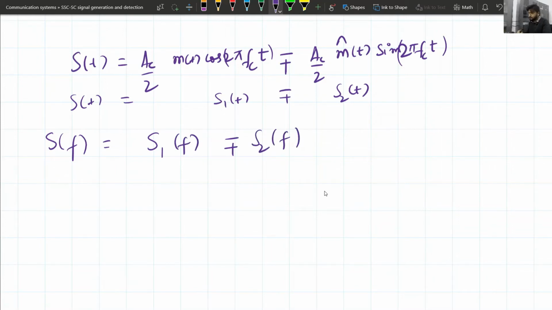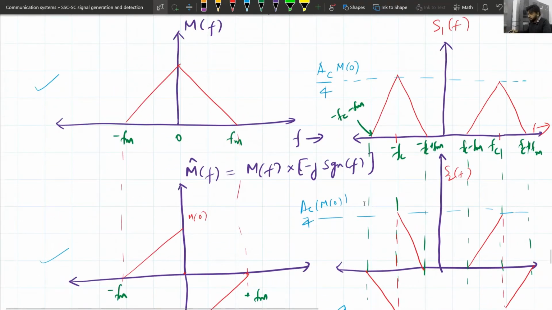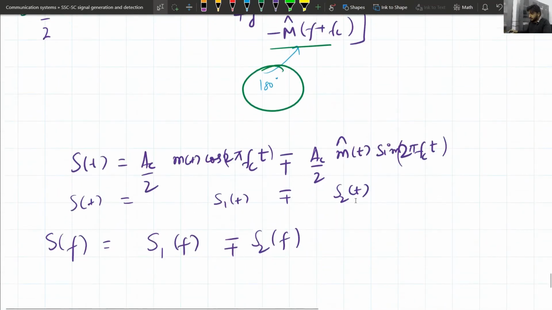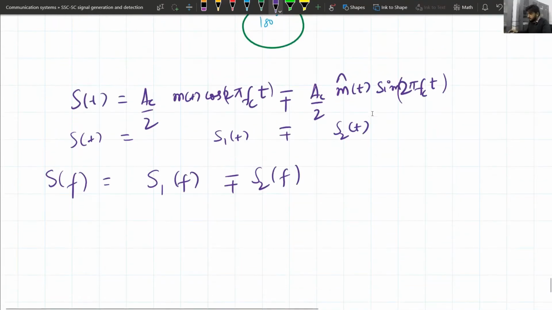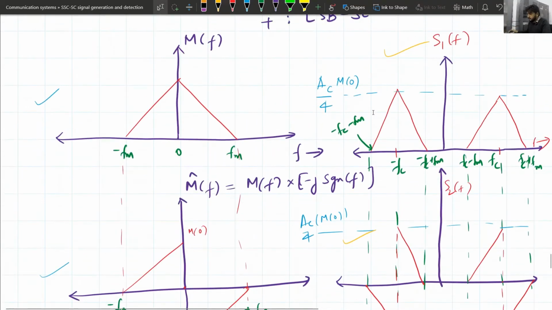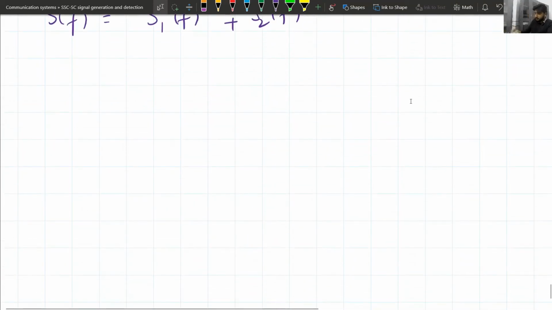Simply. Now these two graphs, once again draw these graphs here. Let's draw the graph again.